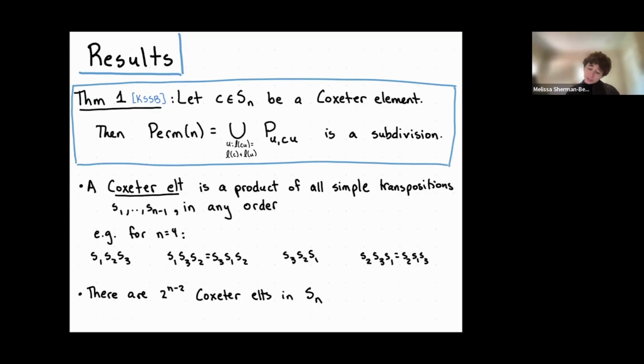And this decomposition is in fact a subdivision, so it's very nice. I'll say what a subdivision is in a second. And which Bruhat interval polytopes should you choose to decompose your permutahedron? Well, they're indexed by pairs of permutations. The first one is U, the second one is C times U, and they have this special property that the second product is length additive.